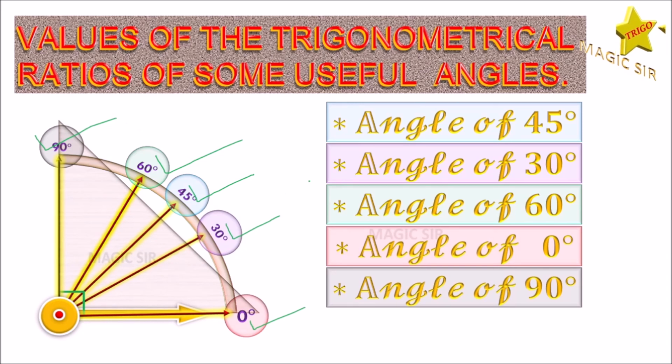So we will learn the values of trigonometric ratios of 0 degree and 90 degree in my next video. I will upload the third part of this video after 3 days. Wait till then. And now enjoy the animation of my upcoming videos.